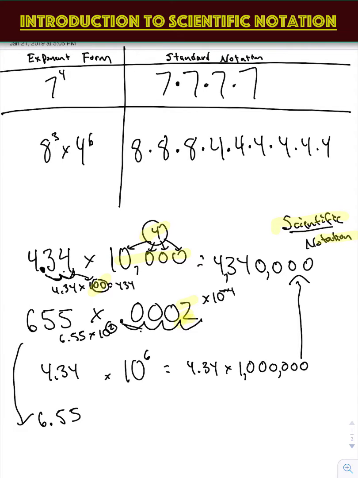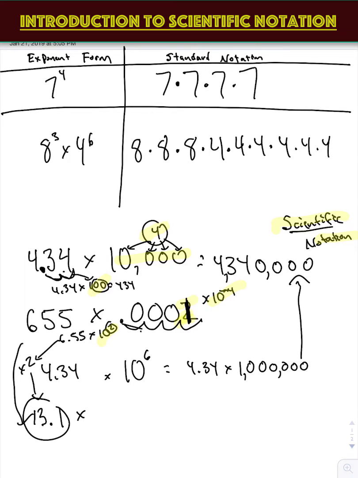Another thing to note is that I have a 2 instead of a 1 here. What this means is that I actually need to double my numbers here. So it'd be 13.1 times, I have now 10 to the negative 4th and 10 to the 2nd power. Again, I just changed this 2 to a 1 by doubling 6.55.